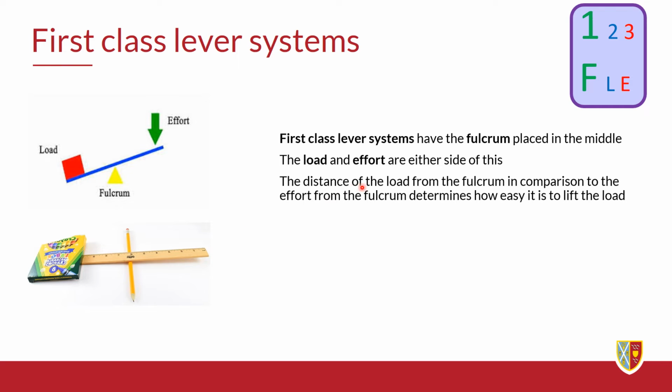Now the distance of the load from the fulcrum, in comparison to the effort and the fulcrum, determines how easy it is to lift the load. If, with the one you've just made, you move the pencil up towards the load, because the effort arm is longer than the load arm, it's going to be easier to move.